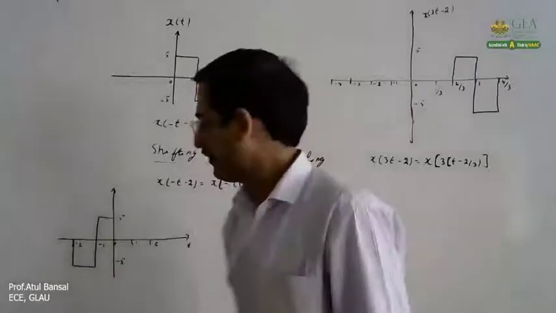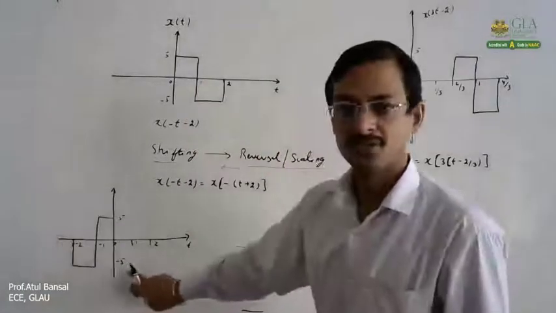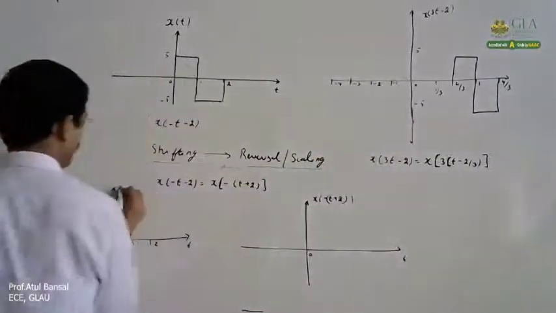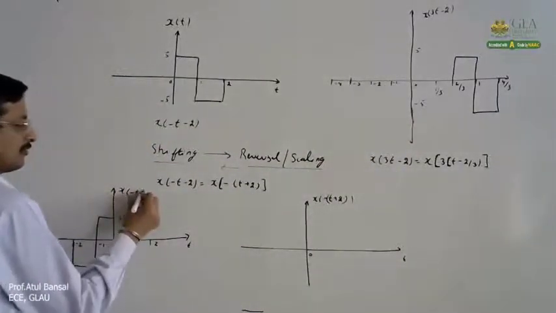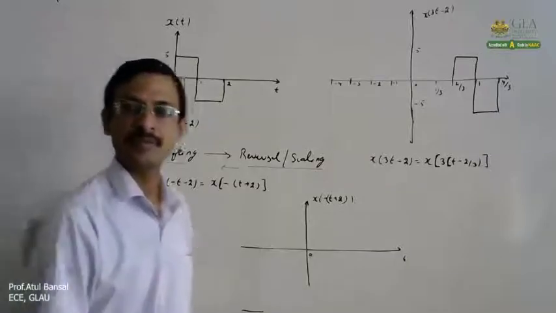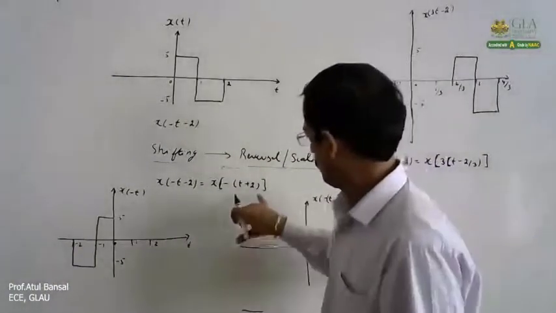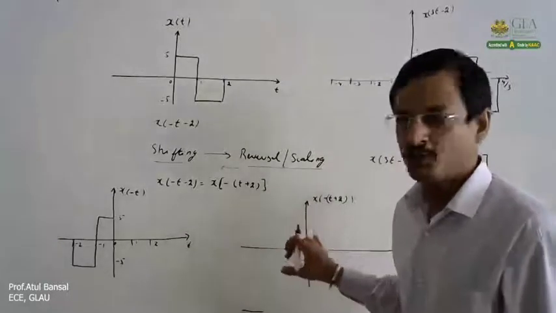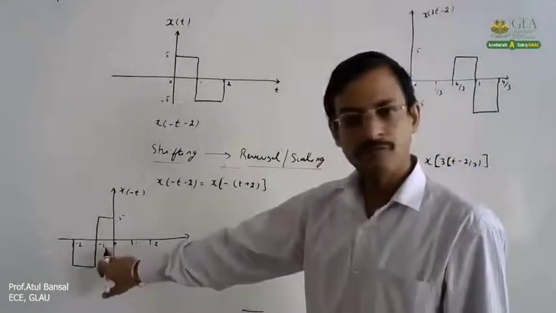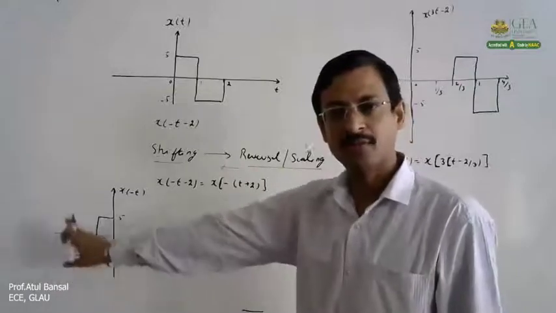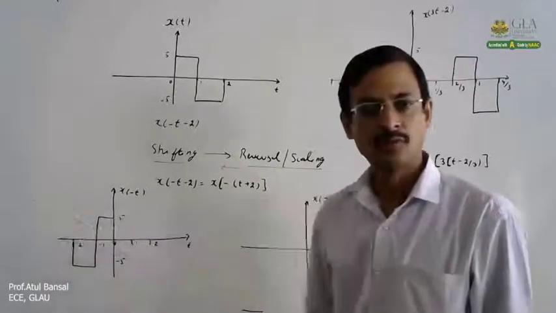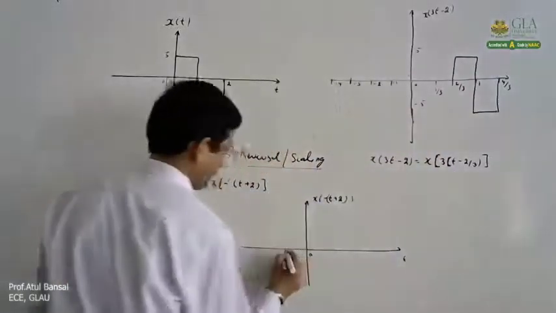Now this shifting will happen on this new signal, which is x of minus t. So if we shift this towards the left by 2 units, 0 will go to minus 2, minus 1 will go to minus 3, and minus 2 will go to minus 4.